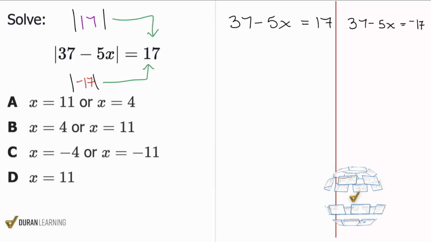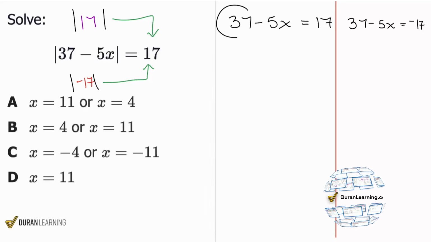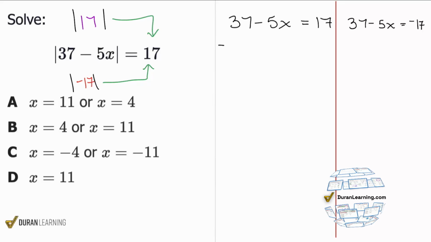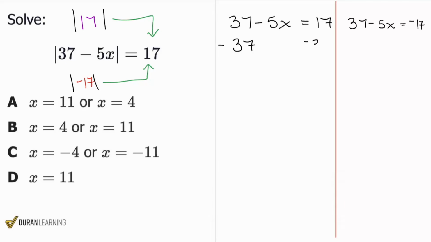So here on the left, first thing I'll do is move that 37 over to the right. To do that, I'll get rid of the positive 37 that's just sitting there by subtracting the 37. When we do that, it cancels out on the left side, leaving us with negative 5x.